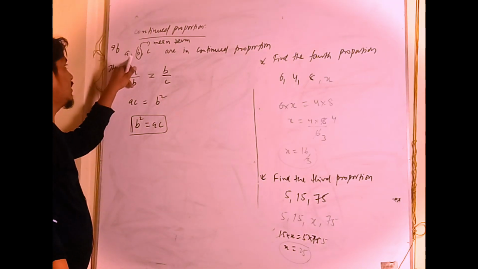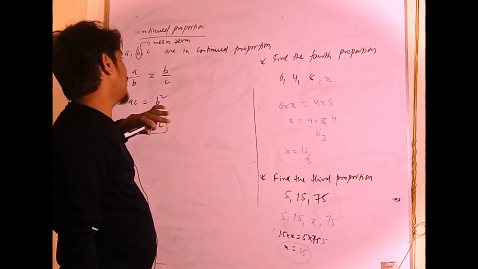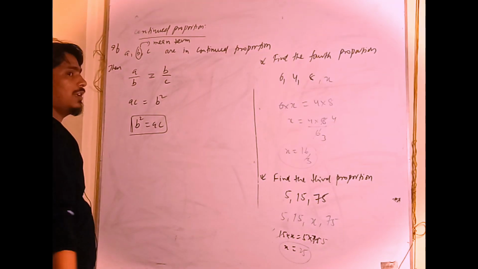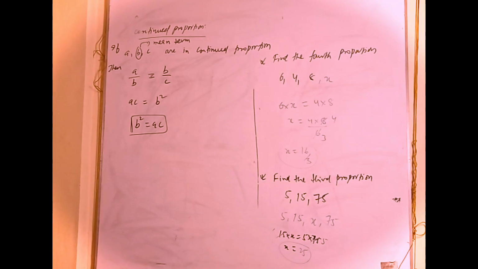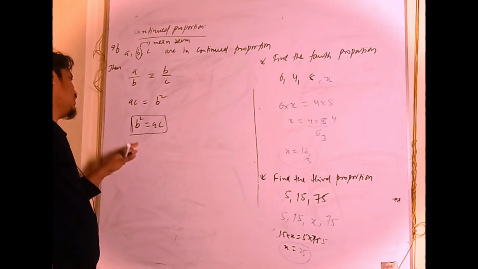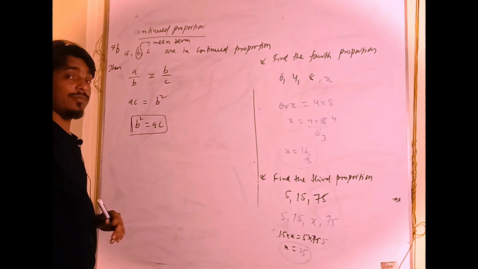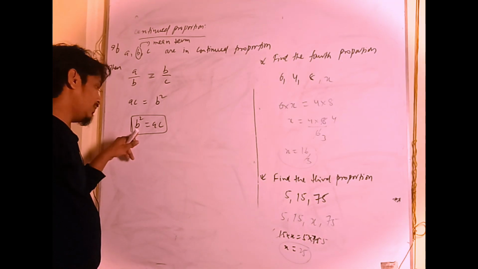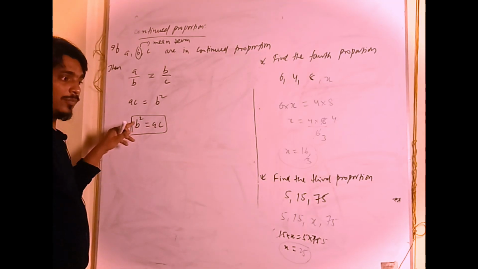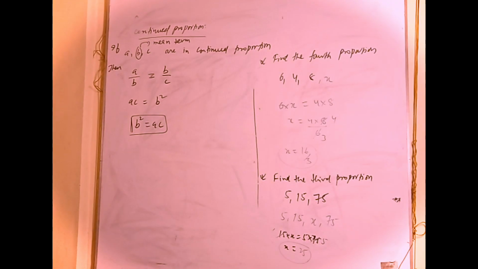So the three numbers A, B, C are said to be in continued proportion if the condition B square equals AC is met. Whenever we are solving problems and we get the square of a number equal to the product of two others, it means that the number which is squared is nothing but the mean term.